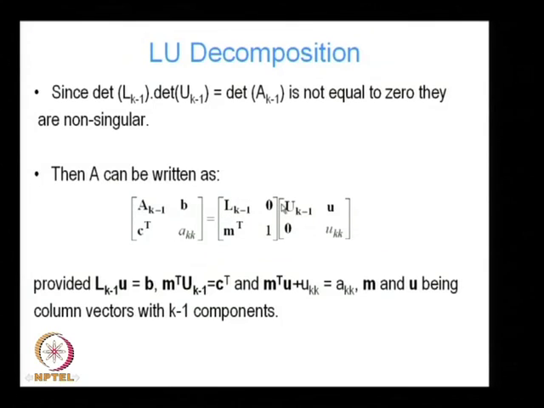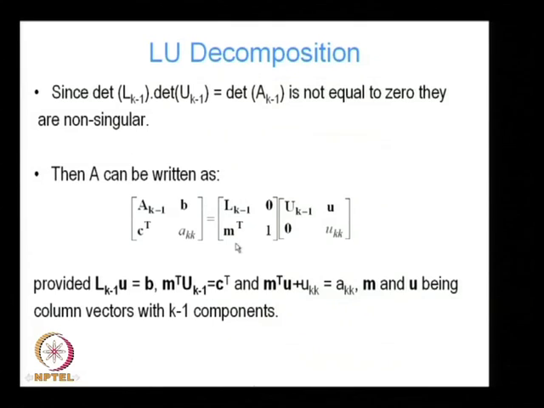Basically, Lk minus 1 operating on this row, Lk minus 1 0 operating on this row, U, U kk. So, basically Lk minus 1 u is equal to b, M transpose Uk minus 1 equals c transpose.